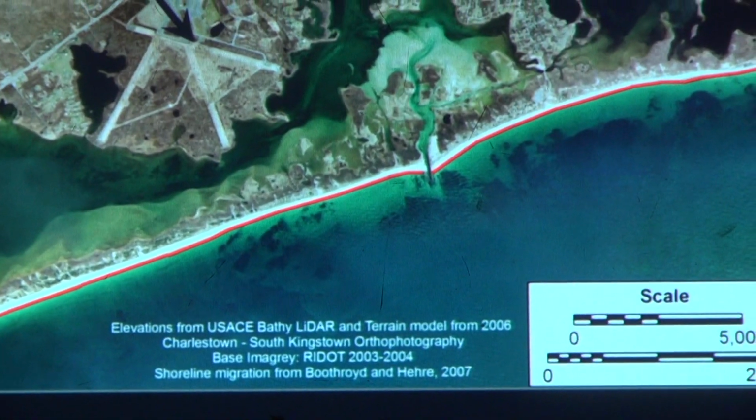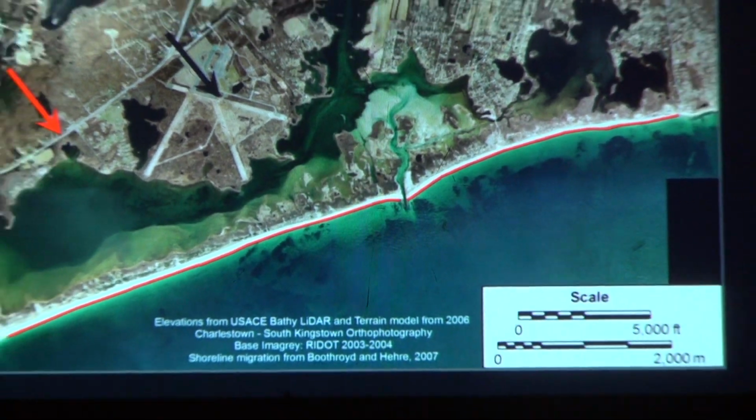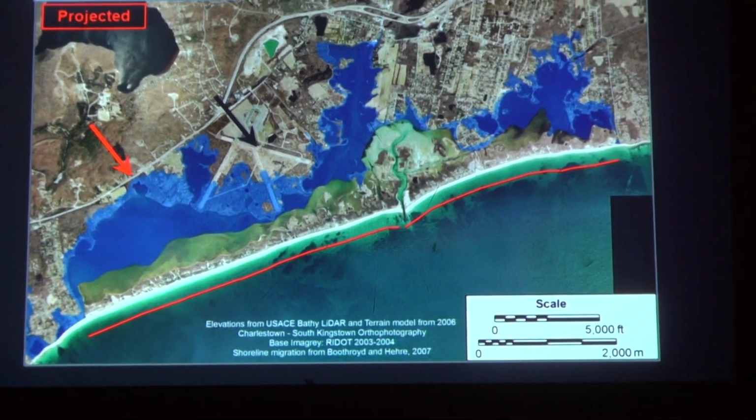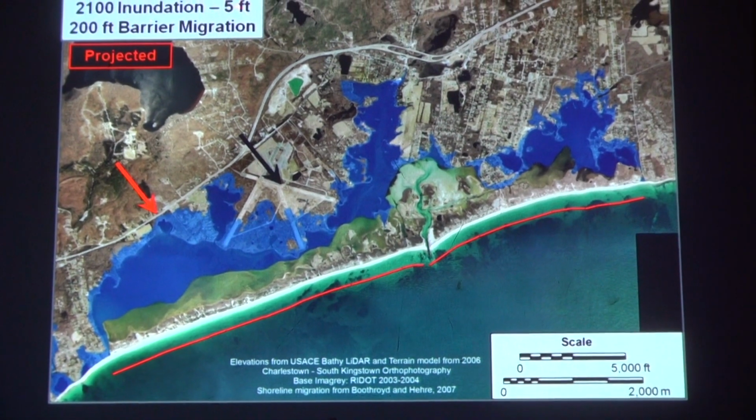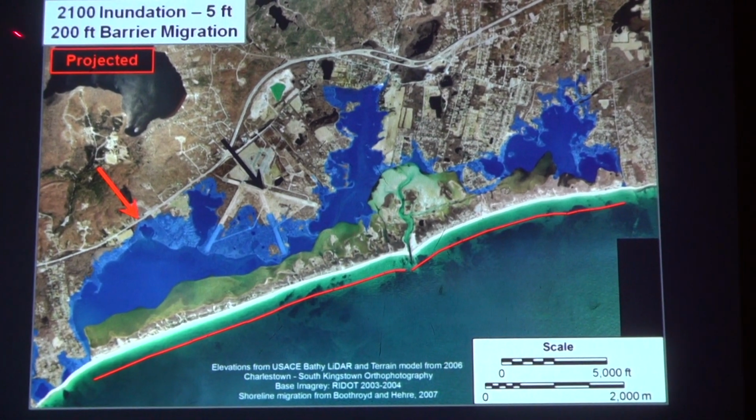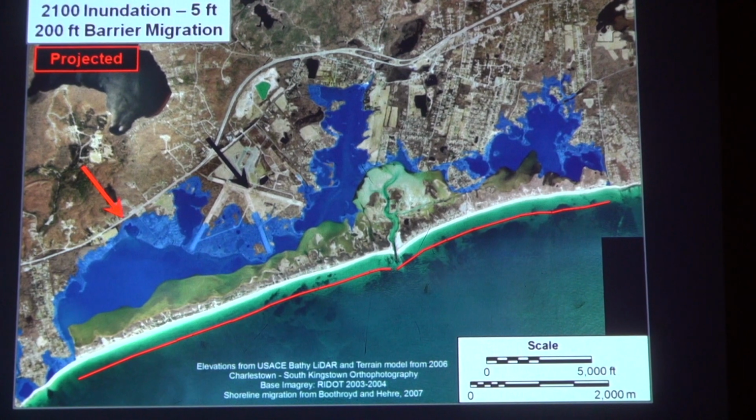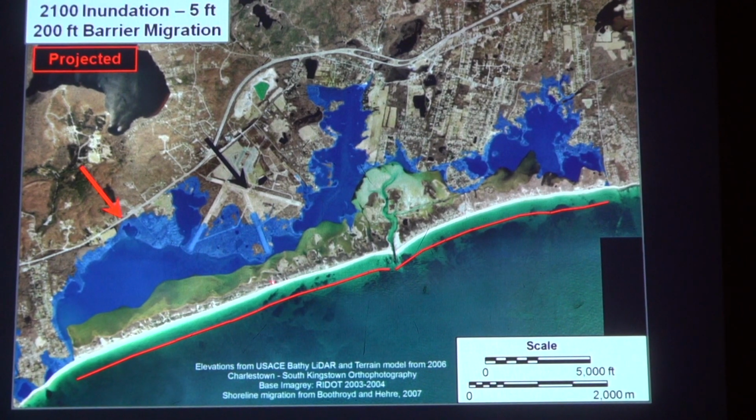Okay, so what do we got? We summarize out of that. Here we have what it looks like today. That's what it's going to look like with an inundation of 5 feet and 200 feet of barrier migration. So the barrier is freely migrating, and the lagoon is flooding up onto the backside.